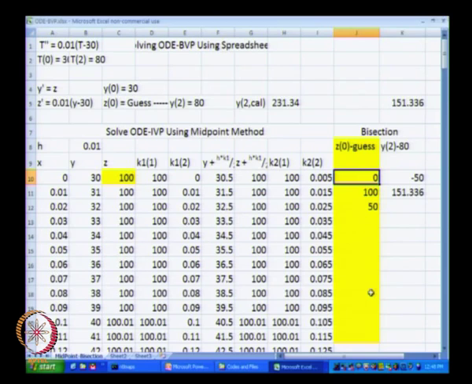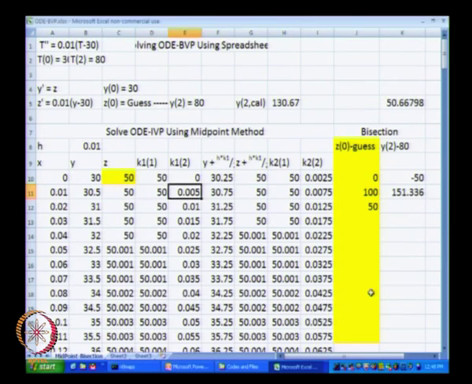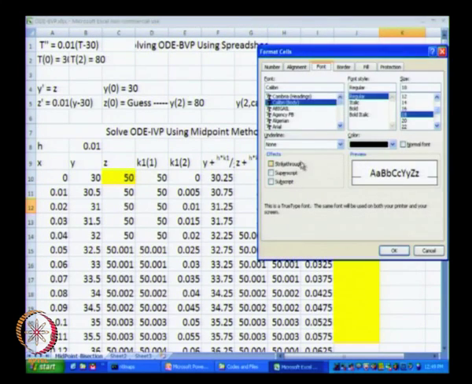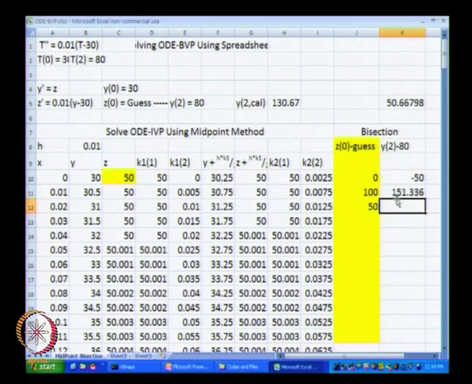So, with Z0 equal to 0, our deviation was minus 50, with Z0 equal to 100, our deviation was 150. So, we are going to change our Z0 to 50 and see what we get. With the change of Z0 to 50, the temperature is 130, whereas the deviation from our target is 50. So, I will copy that and paste it over here, and again I am only going to paste values.